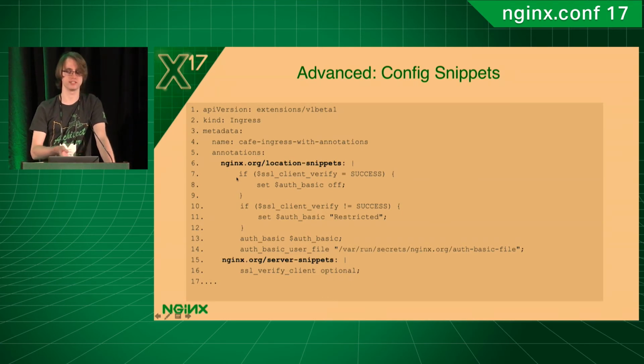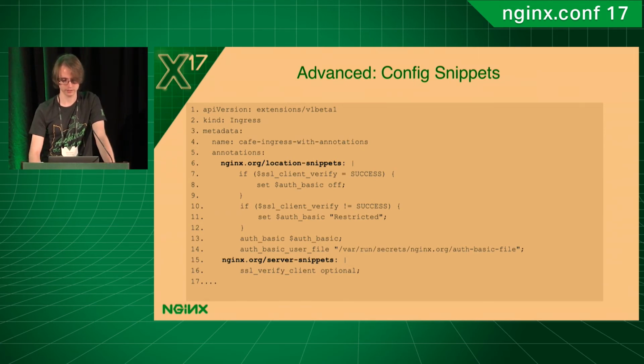And when we deploy the Ingress resource with this annotation, in the generated config files, in every location for that particular Ingress resource, you will find this configuration. And this snippet annotation allows you to use a lot of NGINX features and to customize NGINX behavior.